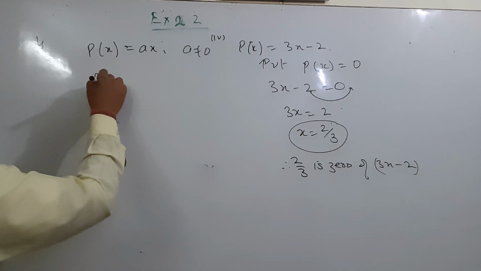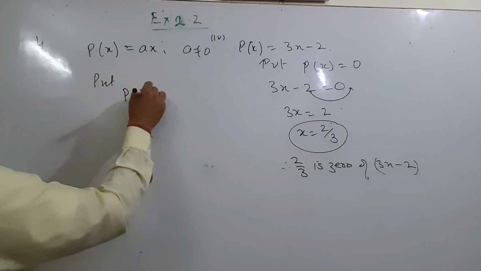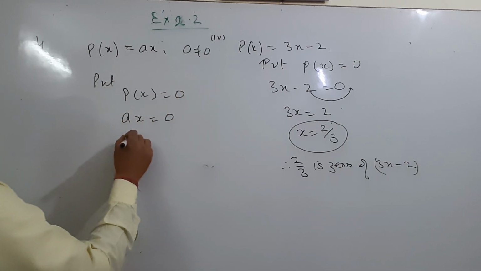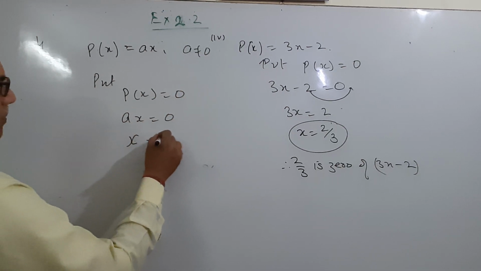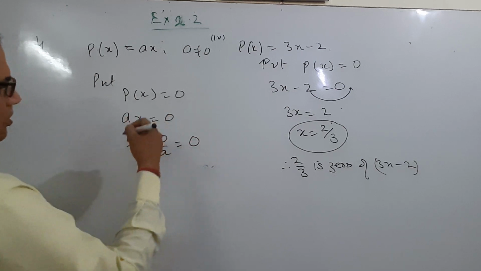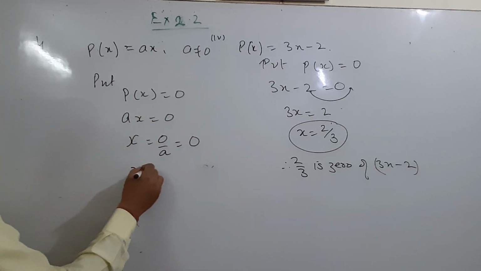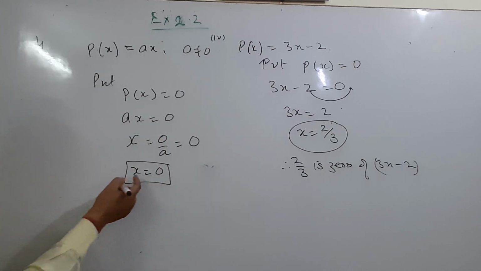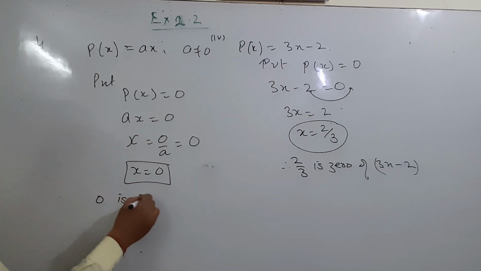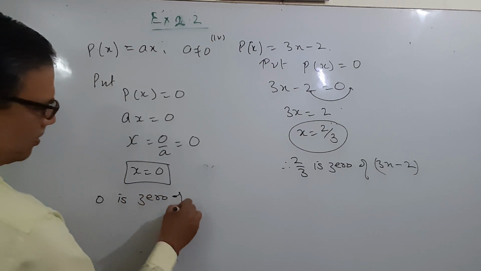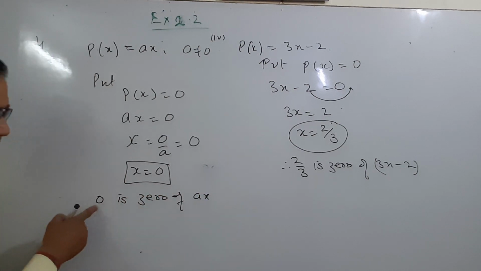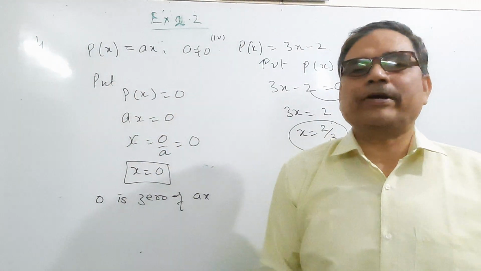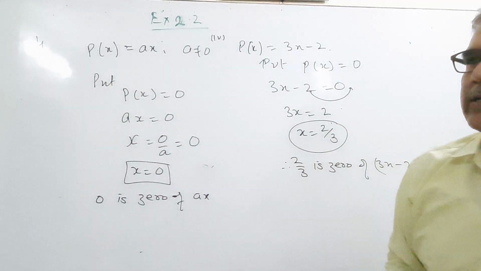Then put p(x) equal to 0, ax equal to 0, x equal to 0 upon a, equal to 0. So generally we will write x equal to 0. So 0 is the zero of ax. It means 0 can also be the zero of p(x).